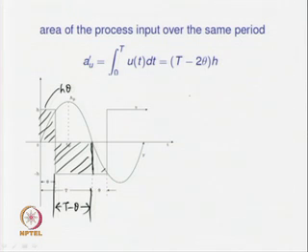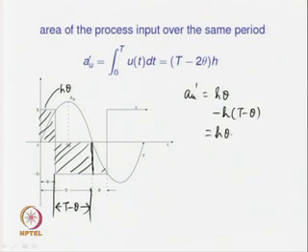So, the upper area, the net area A u dash, can be obtained as h theta minus h times t minus theta. So, please simplify this one: h theta minus h t plus h theta.